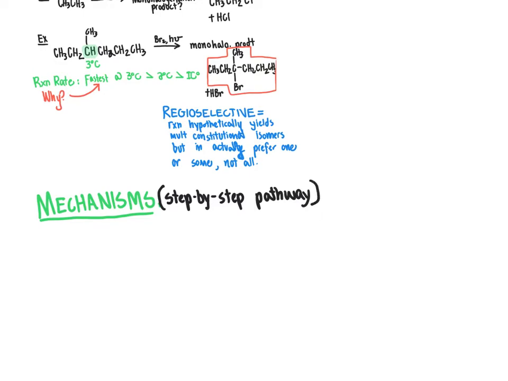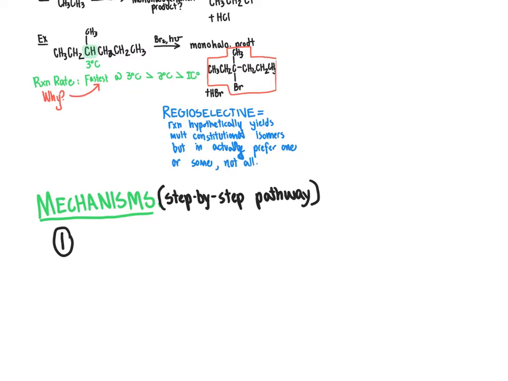So in step 1 of the reaction mechanism, what happens is that when we place Br2 or Cl2 in the presence of light and heat, the weak bond connecting the two halogen atoms is going to break. We can show that in step 1, which we will describe as an initiation step. I'm not going to explain right now why this is called an initiation step.